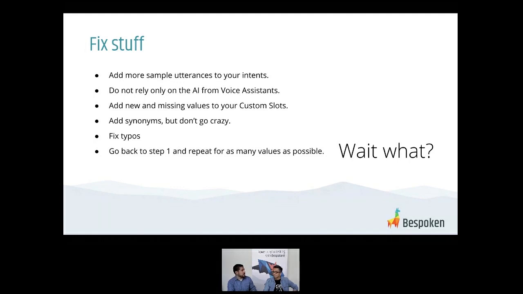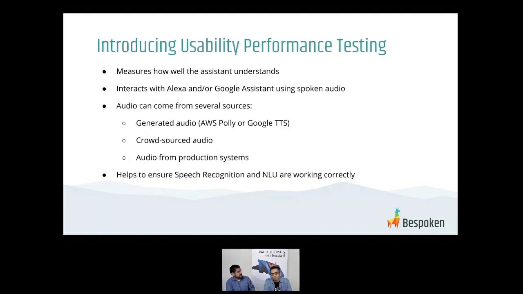So what can we do to do this faster and in an automated fashion? Yes, we can do it. And actually, we have created a tool for that, because what you were showing, the fixes, are going to improve your interaction model, and the users are being recognized better. But how can we be certain?